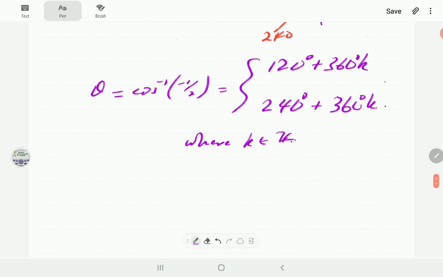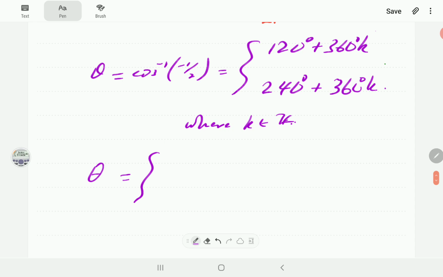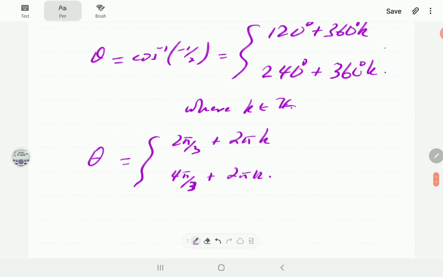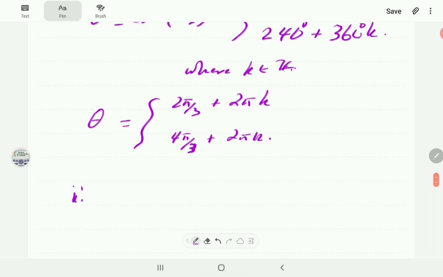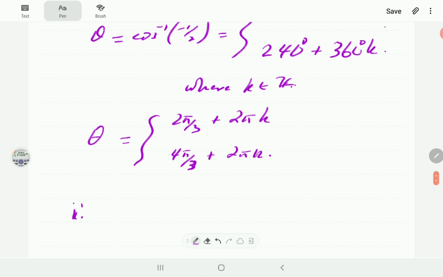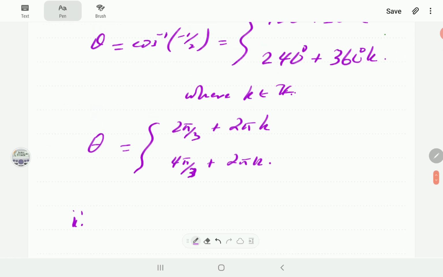So that is the general solution in degrees. In radians, 120 is 2 pi on 3. 360 is 2 pi. 240 is twice this one, so it's going to be 4 pi on 3, plus 2 pi k.